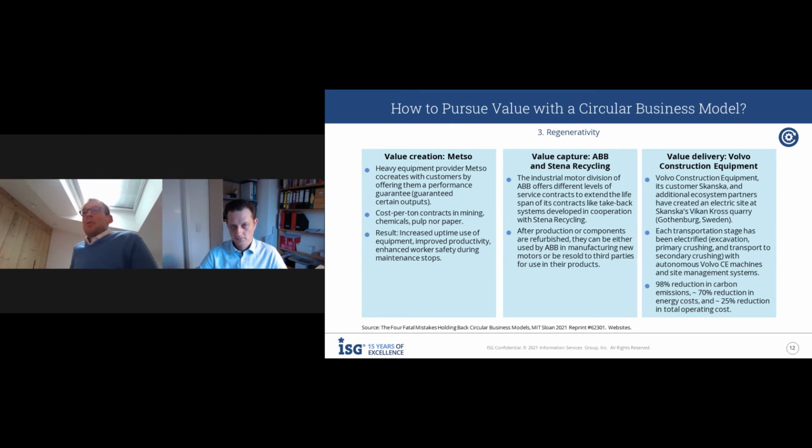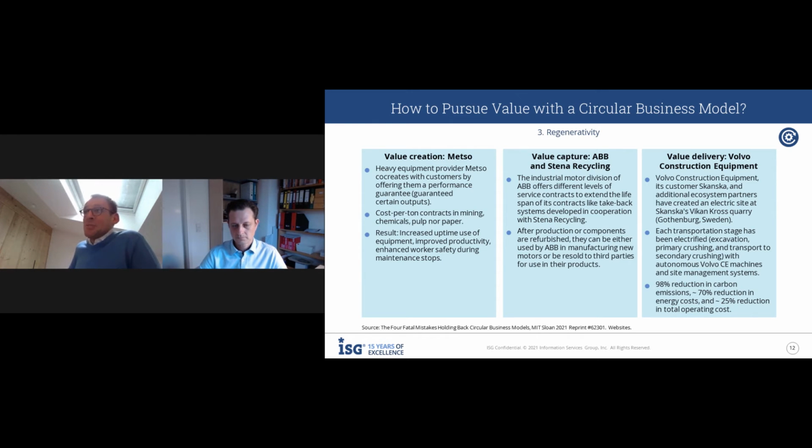So, for example, cost per ton contracts, stuff like this, really interesting aspect. The second one, ABB with Stena Recycling. I think all those kinds of corporations, we will see much more in the future. So very, very interesting from that side as well.